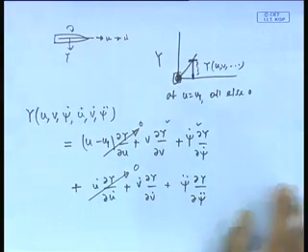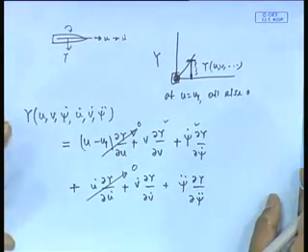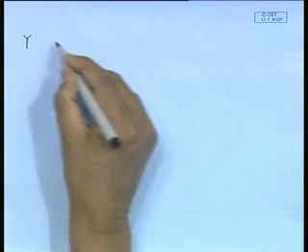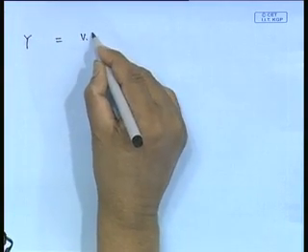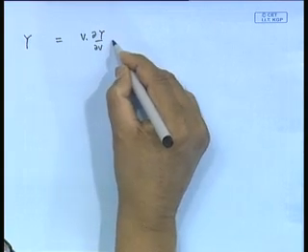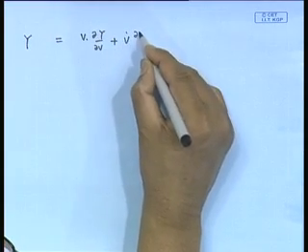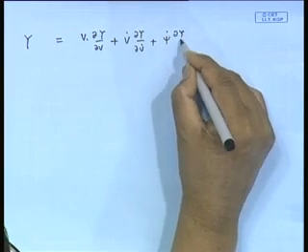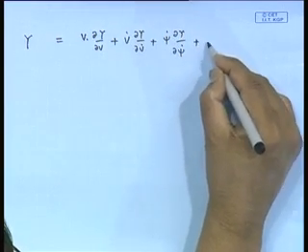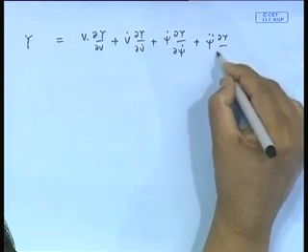So, what I end up getting is essentially these 4 terms. That means, what do I get for Y? It becomes V into dY by dV plus V dot into dY by dV dot plus psi dot into dY by d psi dot plus psi double dot into dY by d psi double dot.